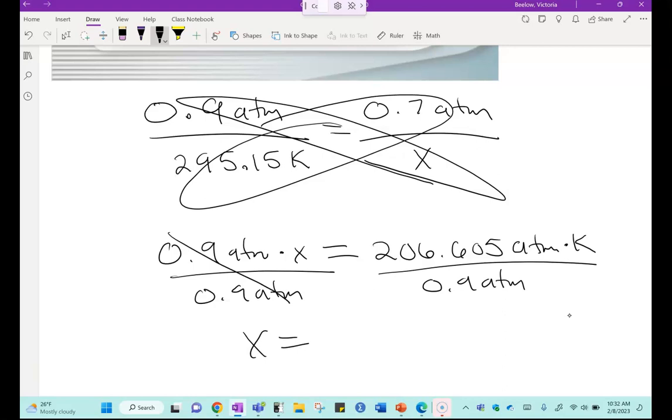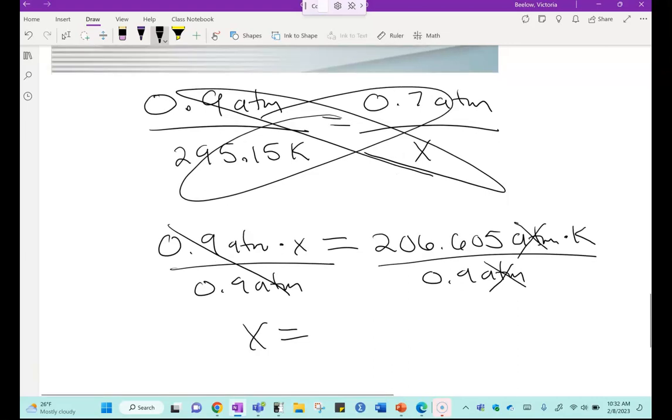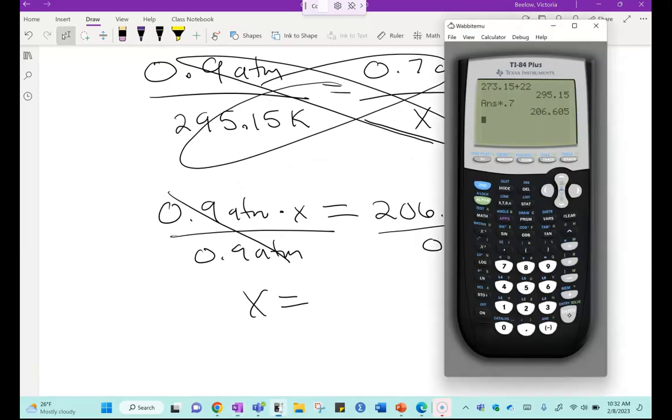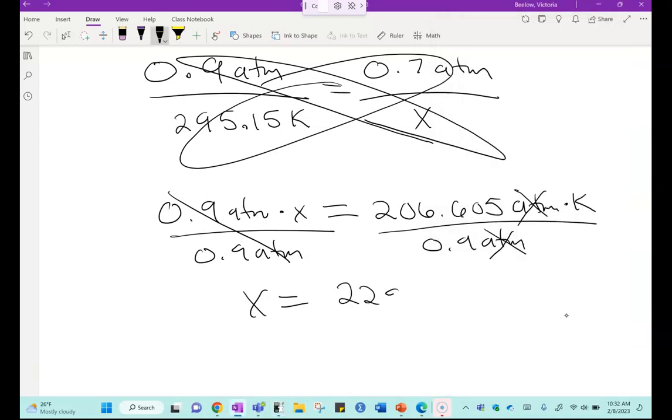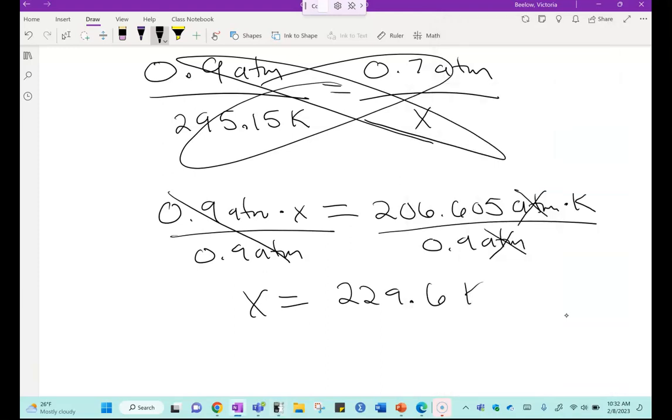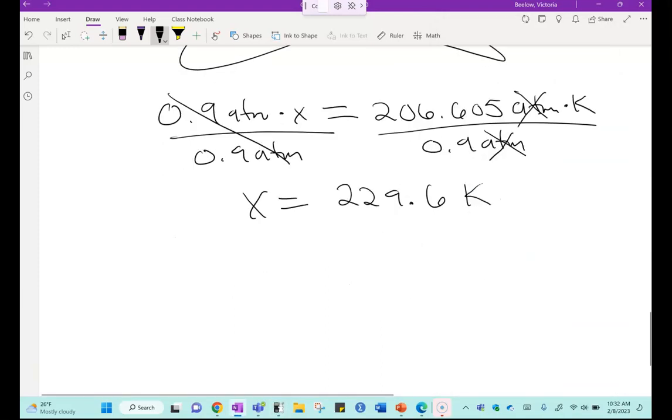Again, you don't have to include the units in the equation when you're plugging things in. I just find it easier to make sure that my units are canceling properly, and that I've converted all of my units that I needed to convert before I plugged into the equation. So I'm going to take that 206.605 divided by 0.9. We're going to go 4 significant figures, so 229.6. Right now this is in Kelvin, okay?